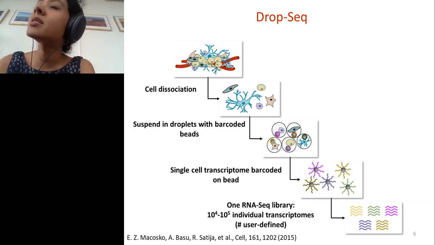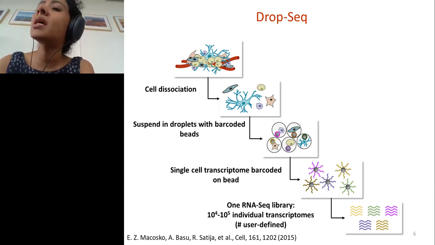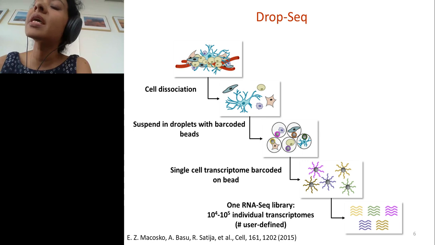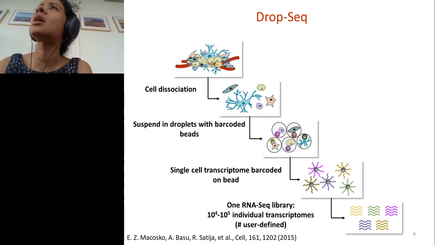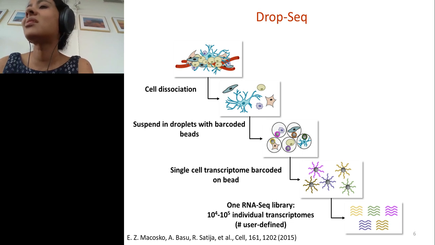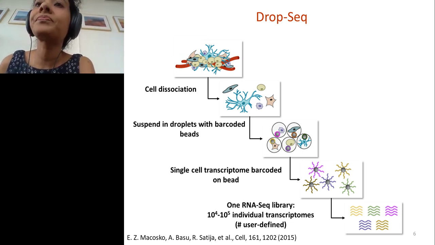We then collect all this DNA barcoded DNA, amplify it, and make a library for sequencing. For most cases, it's Illumina-based sequencing, and that is a standard that is practiced in most cases.